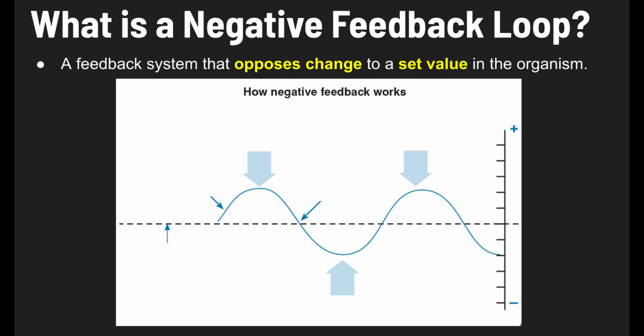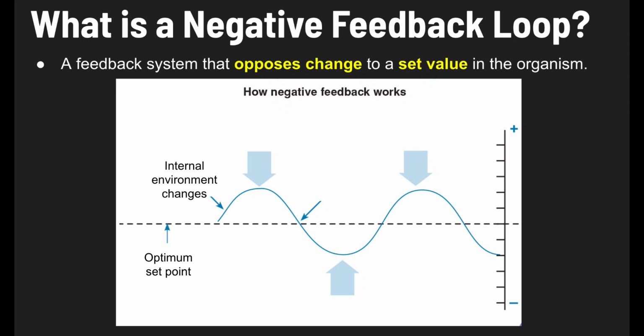So this graph will show you how a change to a set value is opposed. So there's some optimum set point. In the last video, I gave you examples like your body temperature is supposed to be 98.6, your blood pressure is supposed to be 120/80, and so on. These are like optimum set points.